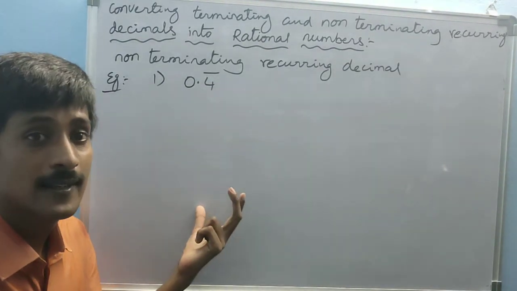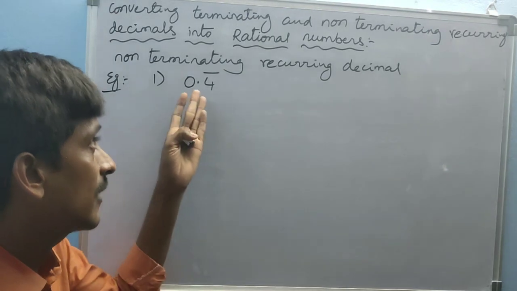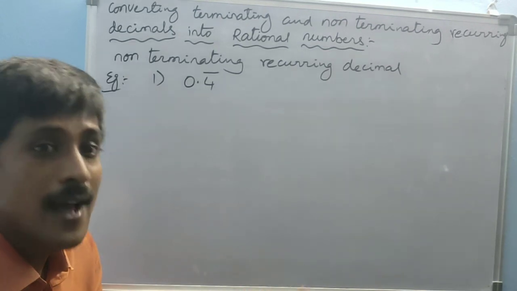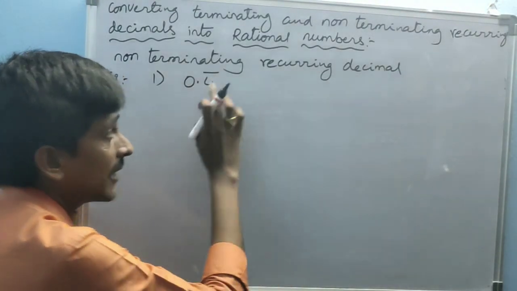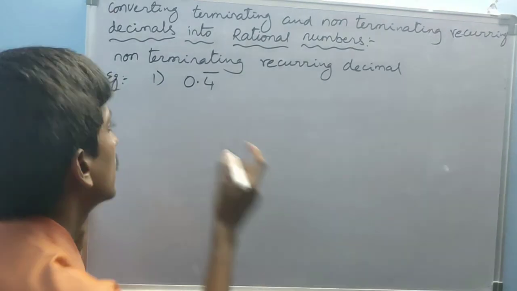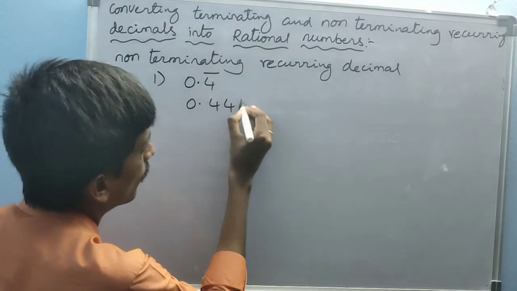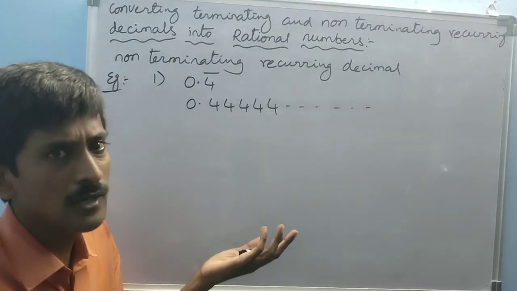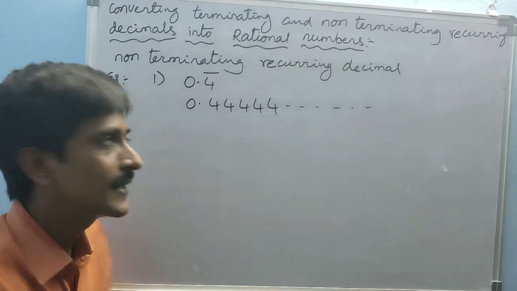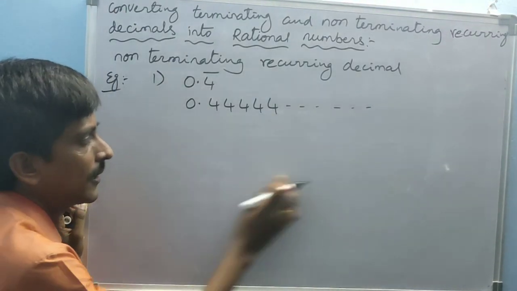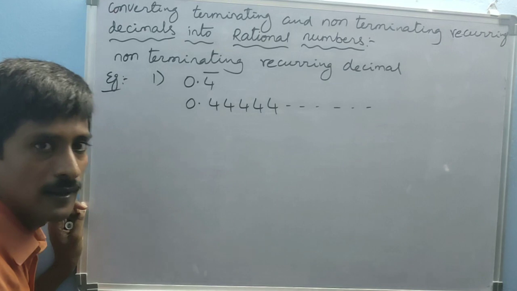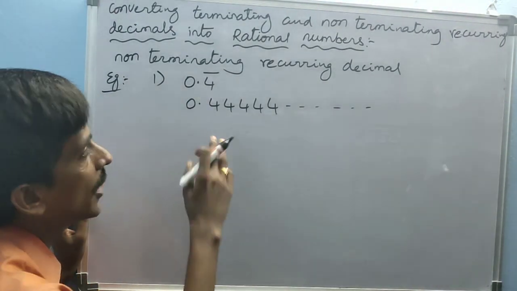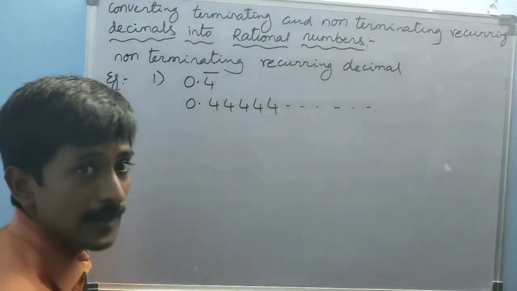How many digits are taken after the decimal point? We don't know. It is a repeating decimal. The 4 is repeating again and again: 0.4, 4, 4, 4, 4, and so on. How many digits, we don't know. That's why we don't know how many zeros to write in the denominator.